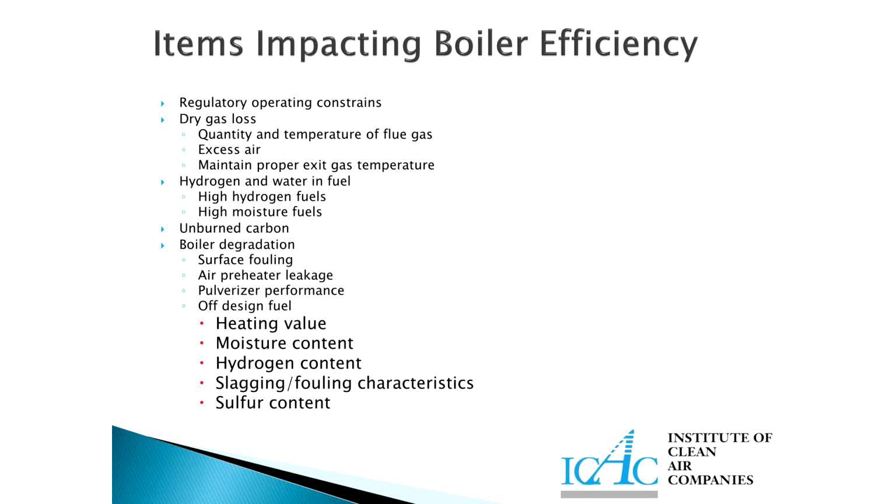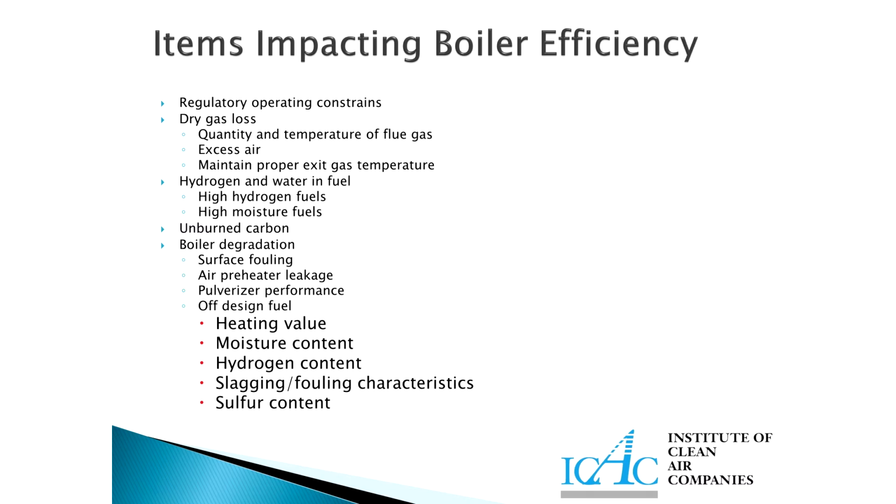Air heaters leak, so you lose some efficiency by not heating all the air that you're supposed to be heating. Heating value. Sometimes the coal, even if it's from the same mine, has a tendency to degrade.